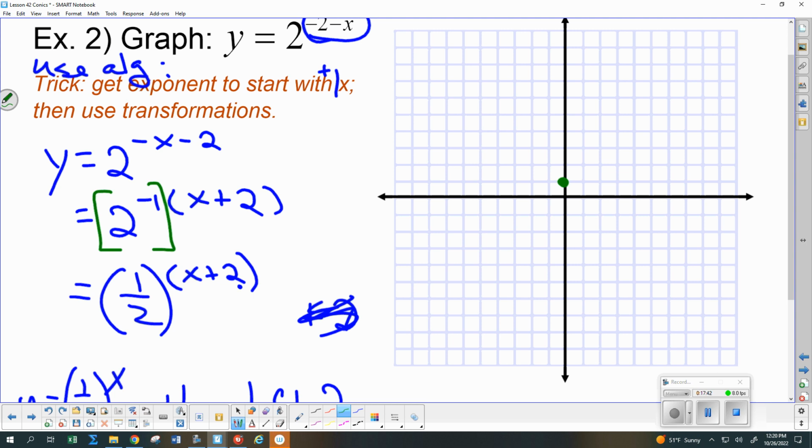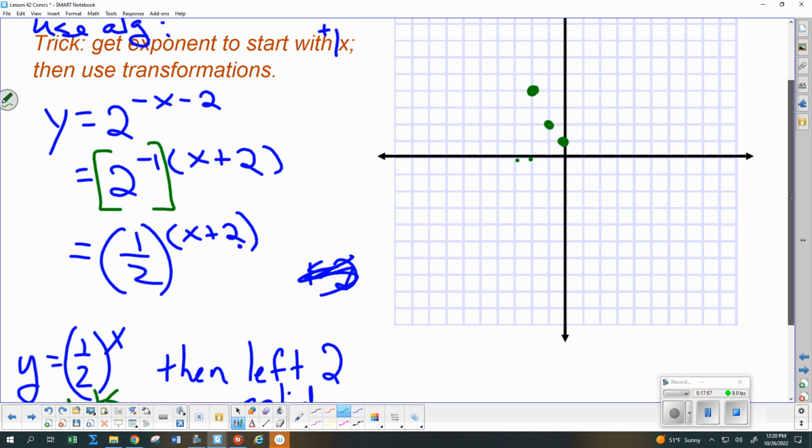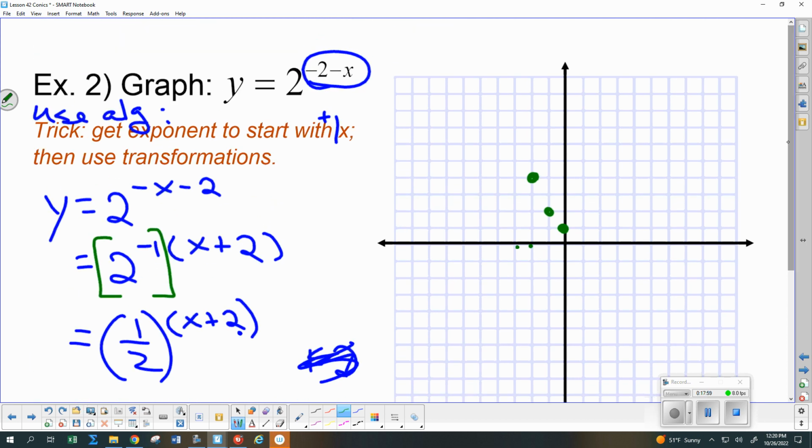And if I go to the left, a half to the -1 is 2. If x is -2, a half to the -2 is +4. If x is -3, a half to the -3 is +9. So those are my lattice points for this exponential decay helper graph.